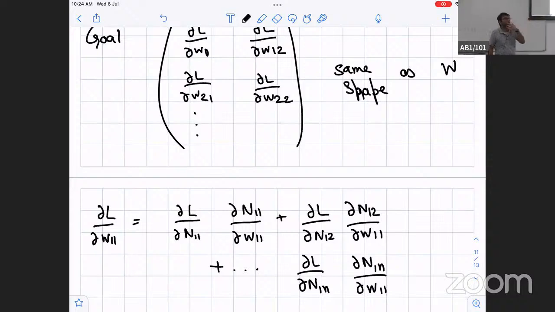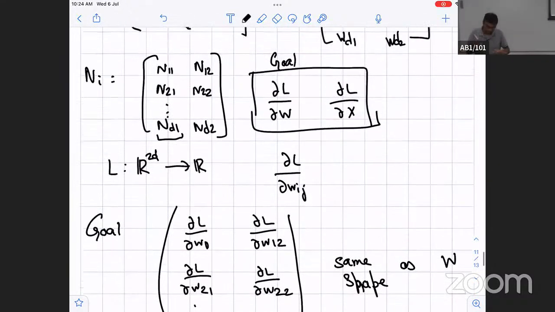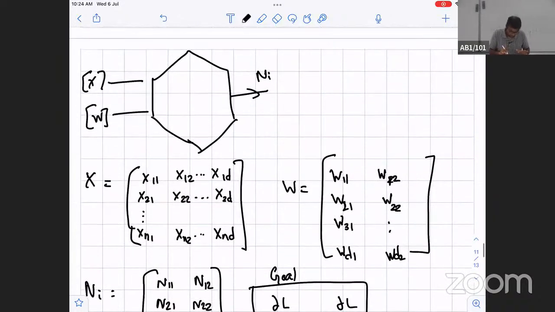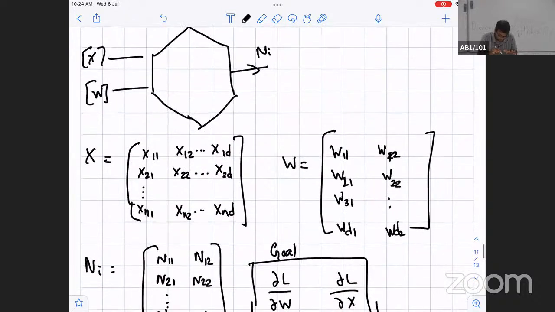You seem to be confused. See, when I change W11, the first element N11 is the matrix multiplication x11 W11 plus x12 W12, right?